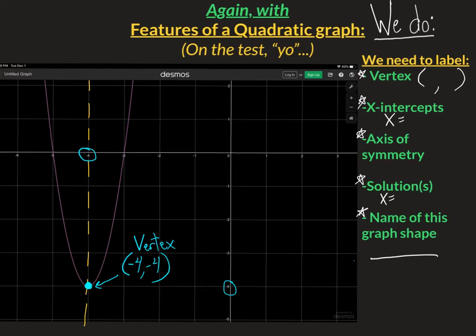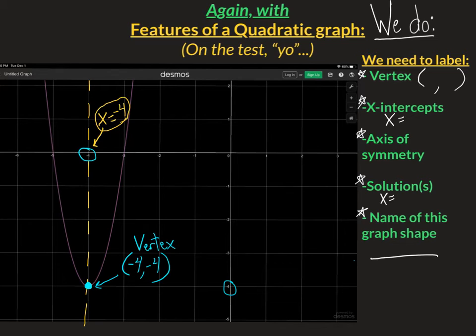And then my line of symmetry, remember, it's just an equation, and it's where the line crosses the x-axis. Where does it cross it? Crosses at -4. And by the way, the axis of symmetry is always going to be vertical because the parabolas are always vertical. So that's always going to be how the axis of symmetry looks.